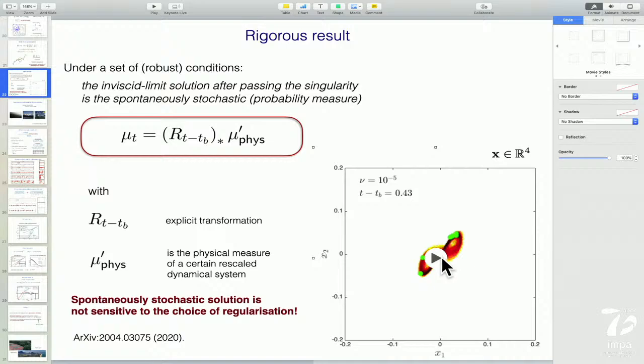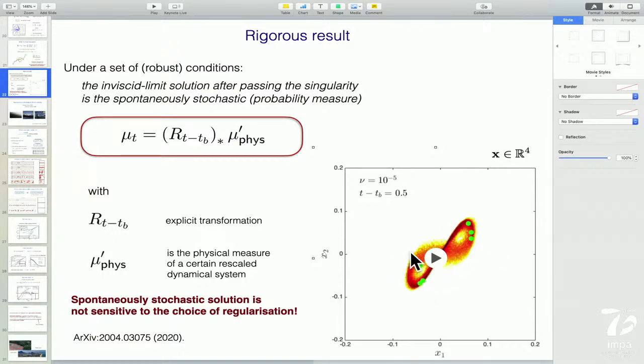What is shown is, let me see how many, 1, 2, 3, 4, 5, I think 6 or 7 different solutions. Every time you make a simulation, you kick, and you get something different after the blow-up. The green points show some 6 or 7 different realizations. And this brown-yellow area is the result of, I think, 100,000 simulations.